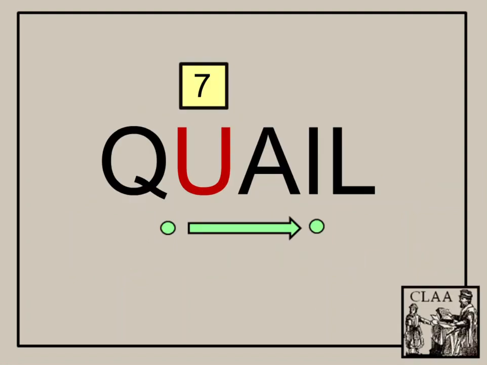In this word, you can see the vowel U follows the letter Q. We're going to read the vowel U with the sound of the letter W, W. Let's read this word together and listen for the sound of the U. Quail, quail, quail.